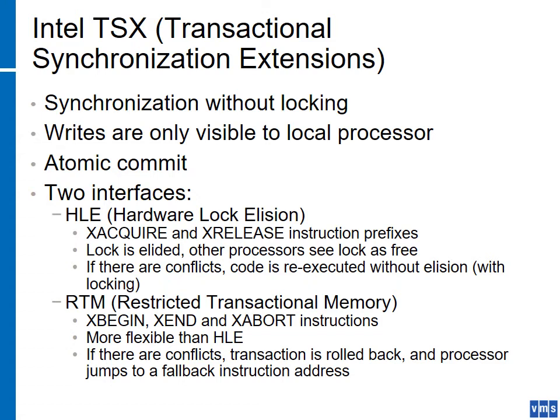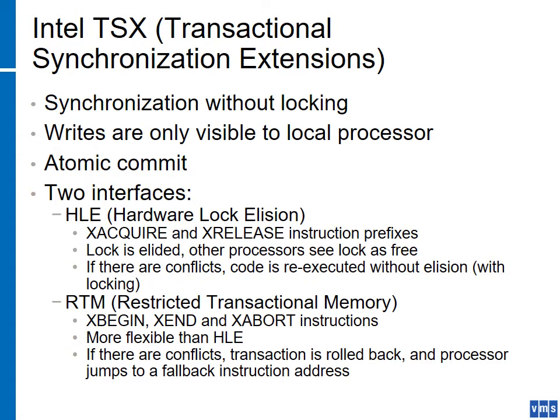So the idea of Intel TSX is to find a way around that. And the way they do it is you start a transaction, and from that point on, all memory writes that you do are restricted to the local CPU core's cache. It doesn't go anywhere else until you're finished with your transaction, and then all of the changes that you made to memory during the transaction become visible to all other processors immediately.